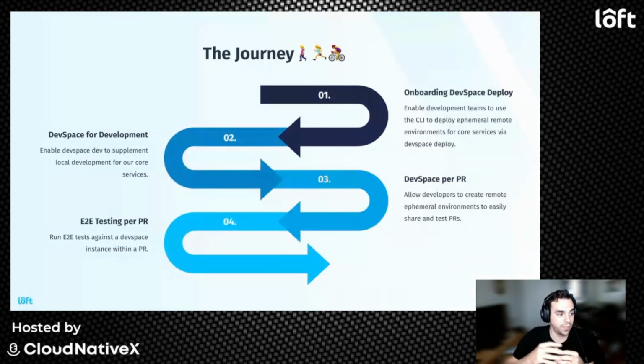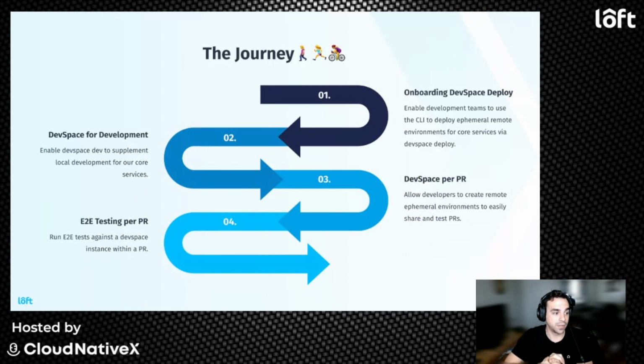DevSpace dev is essentially taking a remote container and pairing it with a local volume on your computer, and it allows you to develop on a remote container. The idea behind this was to help solve the local development standardization pain point I mentioned earlier.